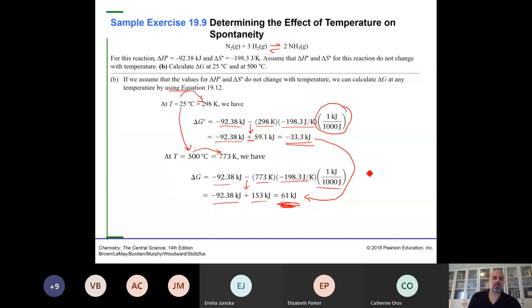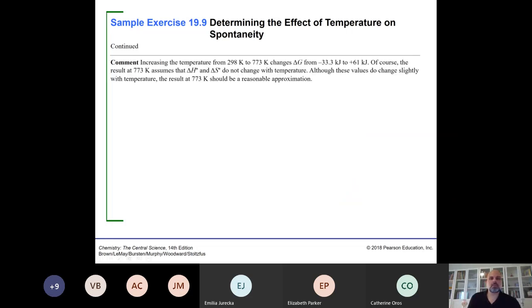And this makes sense. This is consistent with what we predicted. We predicted that if we increase temperature, that entropy component is going to decrease because we're decreasing the number of gas molecules on the product side, and that directly shows up in the free energy of the system. There's one quick comment.